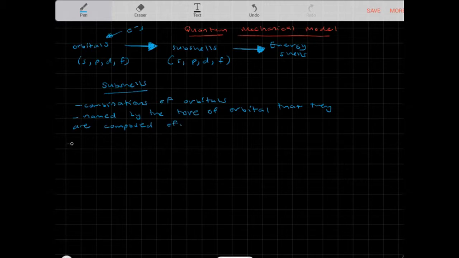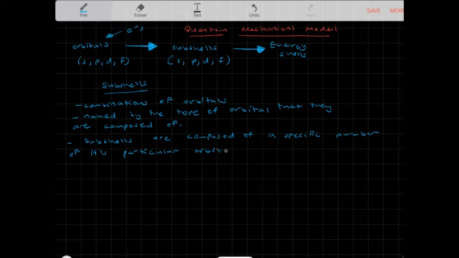And furthermore, subshells will also include a certain number of each type of orbital, right? So subshells are composed of a specific number of its particular orbital. Okay, and there are basically a few numbers you can memorize through this.